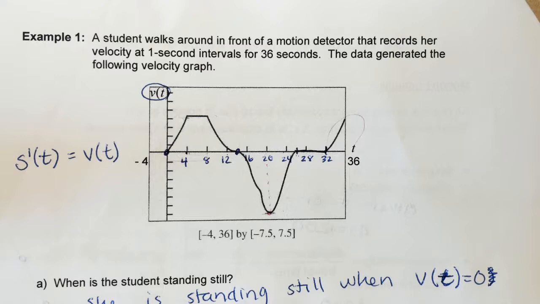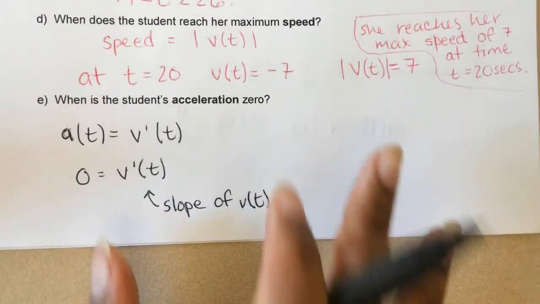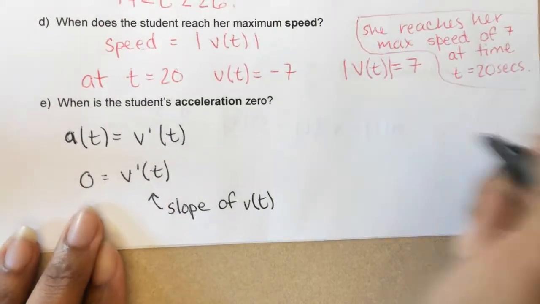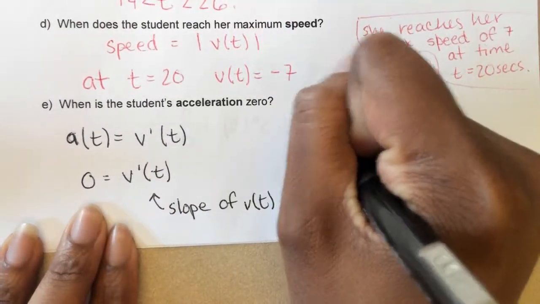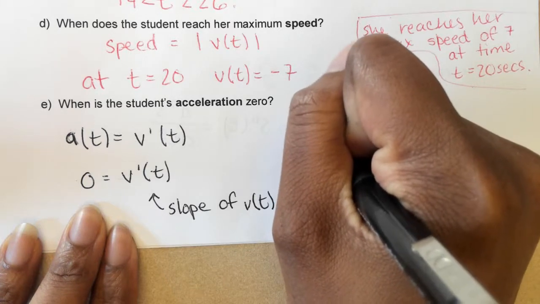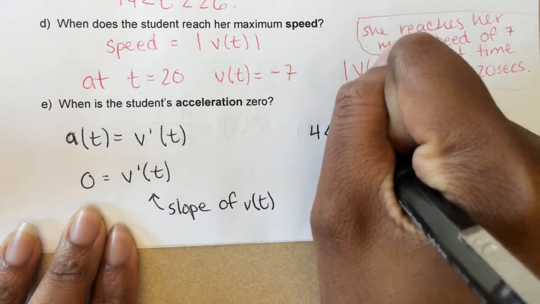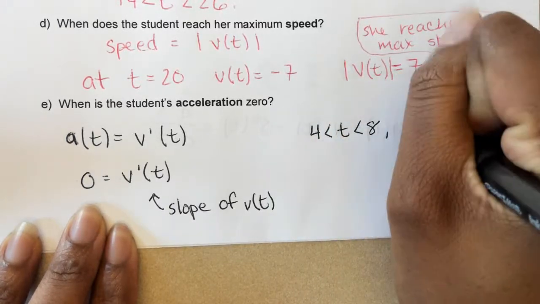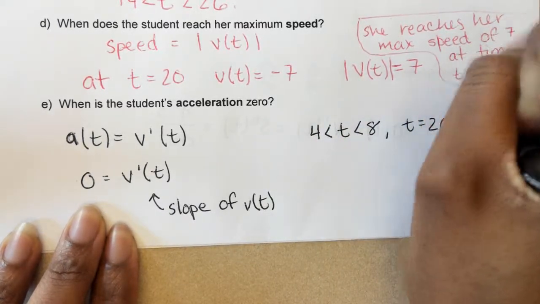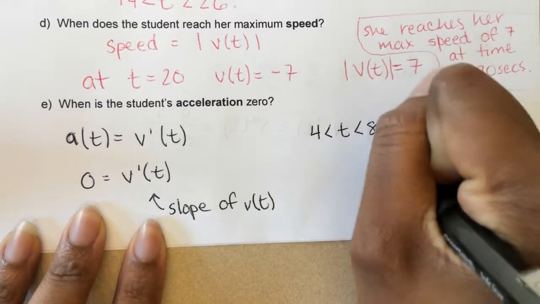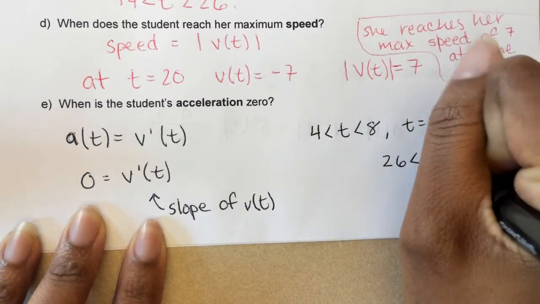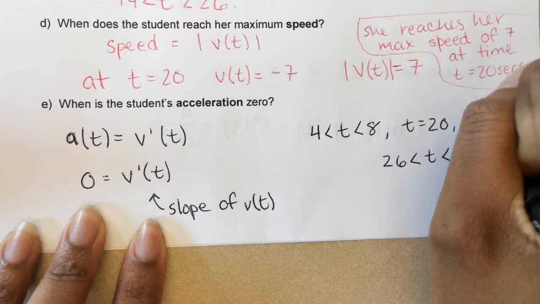So we have 3 moments when our graph is going to have an acceleration of 0. So from 4 to 8, at t equals 20, and from 26 to 32.